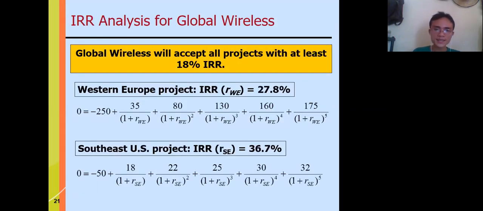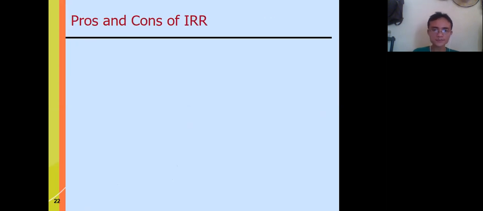After interpolating with the 18% IRR as acceptable, we got the following rates. Therefore, we are going to accept the two projects because they are obviously above that 18% IRR. If equal, we'll also accept.